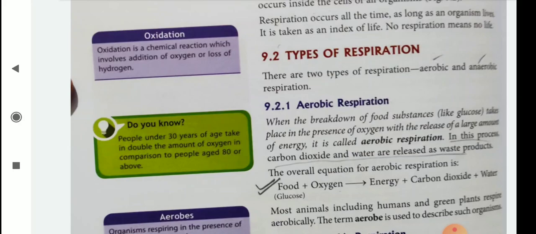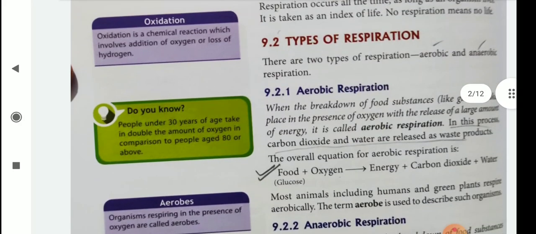So, aerobic respiration occurs in the presence of oxygen. Here one equation is given: food plus oxygen. Then after reaction we get energy, carbon dioxide and water. Okay. So in aerobic respiration, the products are energy, carbon dioxide and water.